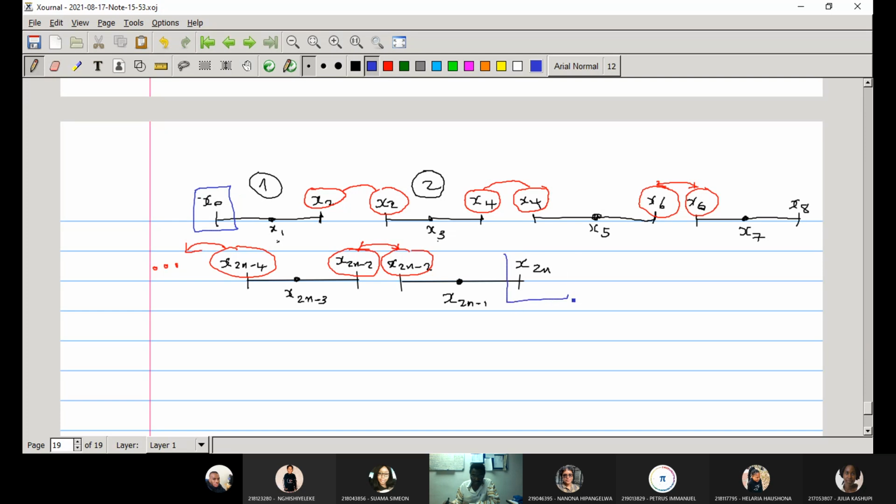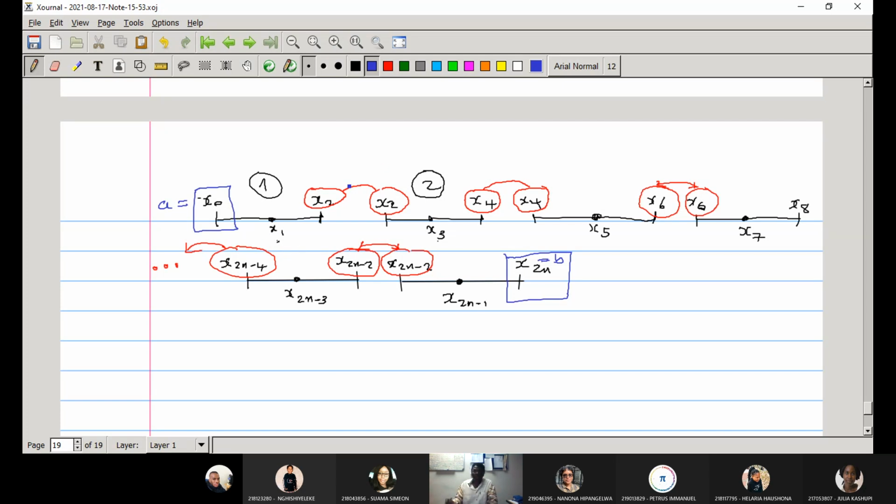Now, you can see that the first and the last one appear only once. So we can group the first and the last one in the same way we group f of A, f of B. So this is f of A, or this is A if you want. This is equal to A, and this is equal to B. So A and B will be grouped separately because they only appear once in the summation.